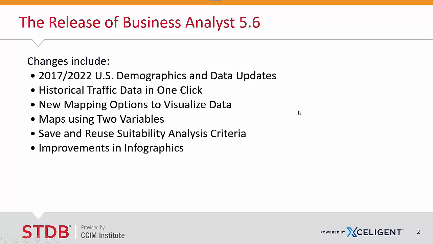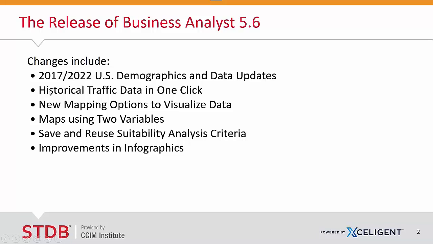So what was in the site on June 26th was 2016 with 2021 projections, and now we do have the 2017 with 2022. Just so you can keep up with when those generally occur, it's usually about the middle of the summer. Esri has their big conference out in San Diego in July, and they really strive to have these updated numbers before that conference takes place.